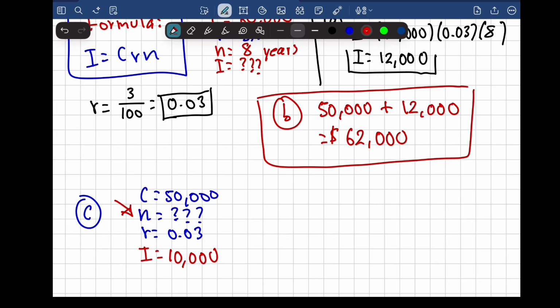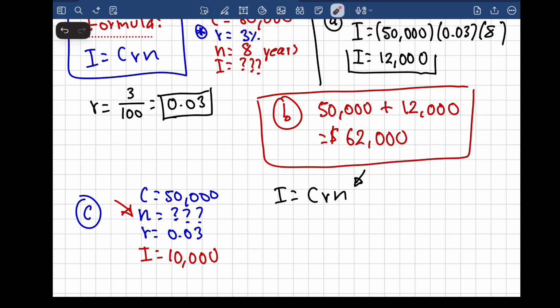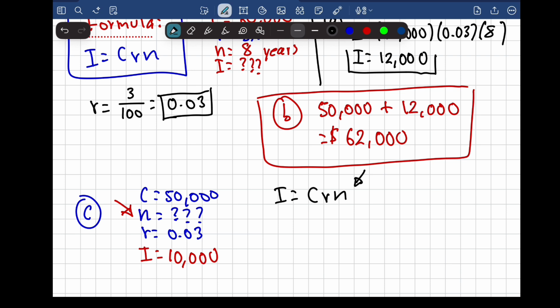In order to do this, we need to rearrange the equation. The original equation is something like CRN, but we need to isolate n by doing the opposite operation. The capital and the R are multiplying the n, so we need to perform the opposite operation in order to isolate the n.